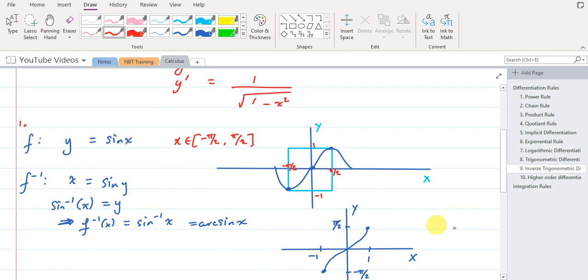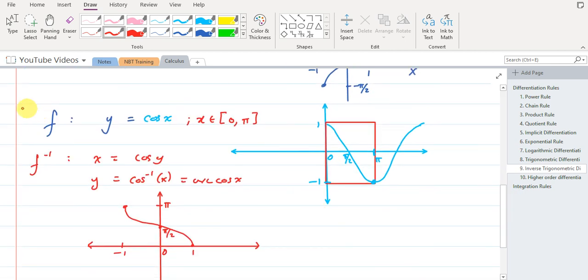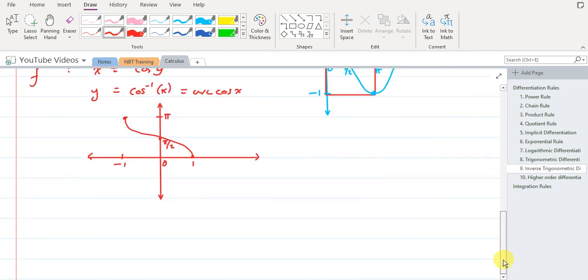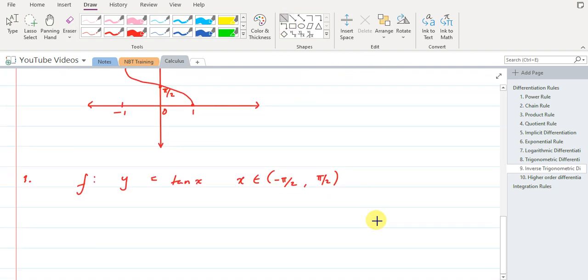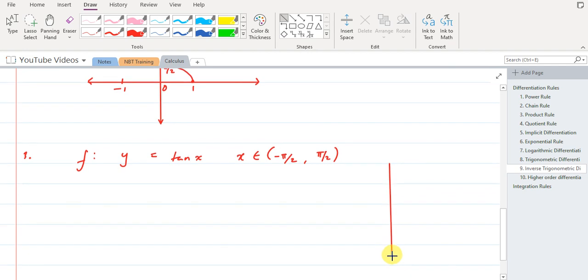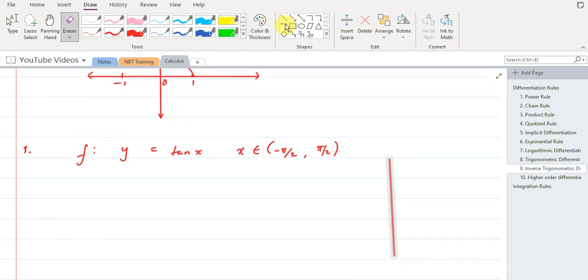We didn't find the derivative, I'm just explaining what an inverse function is quickly, because we need to look at the restrictions in the graph. f is a function y is equal to tan x, where x is an element from minus pi by 2 to pi by 2, where we get vertical asymptotes.